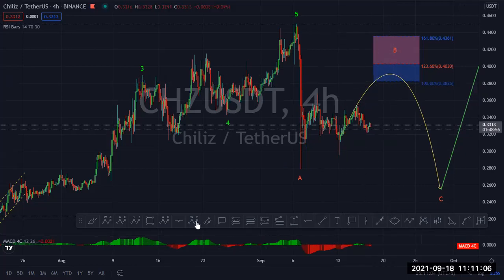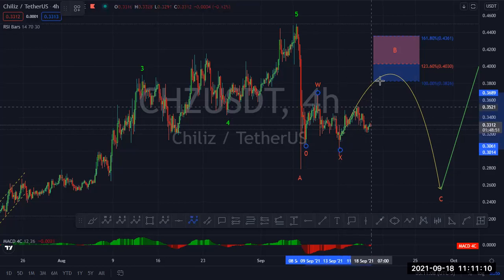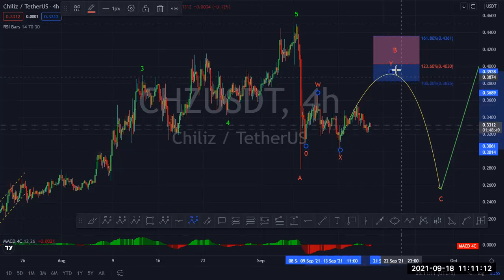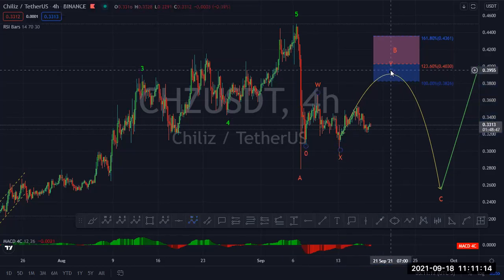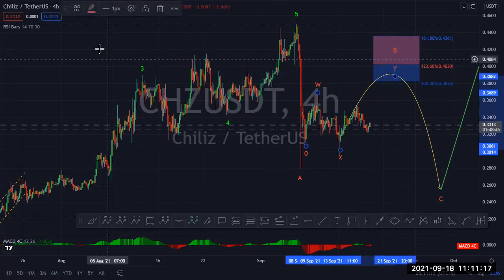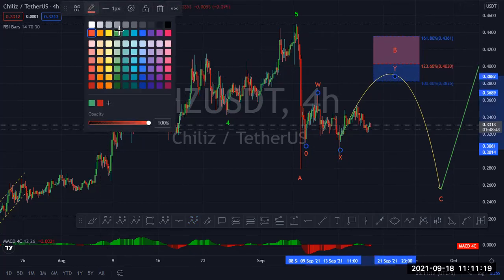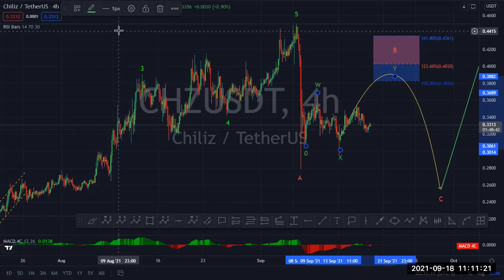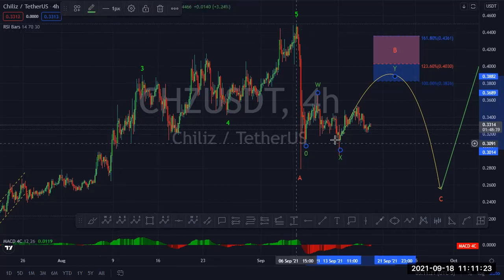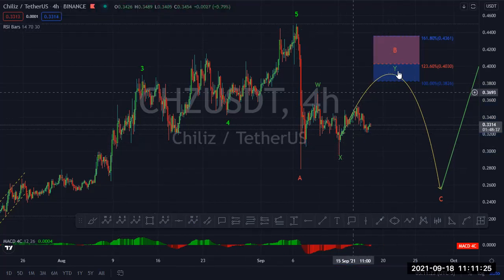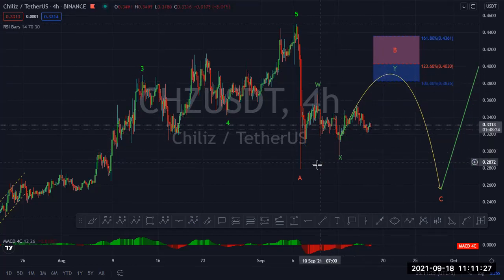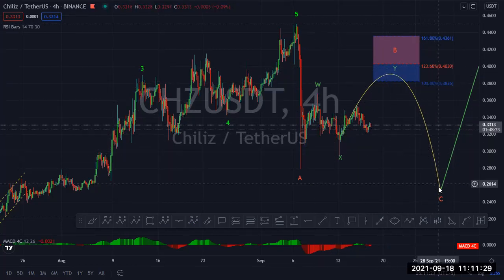Let me label it. This is W, this is X, and the Y will complete the B wave. Then we are waiting for wave B to complete, and after that, wave C.